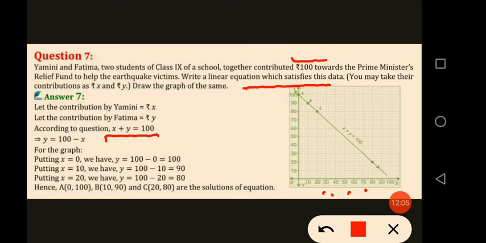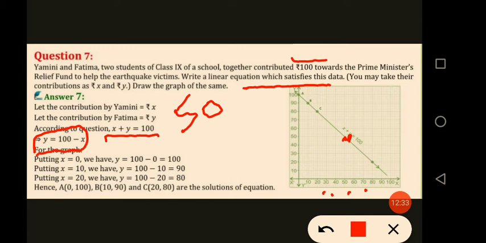Now we will find the value of y by putting the value of x according to our wish. Suppose we are taking x as 50. If x is 50, then y is also 50. So we will plot 50 comma 50 here.